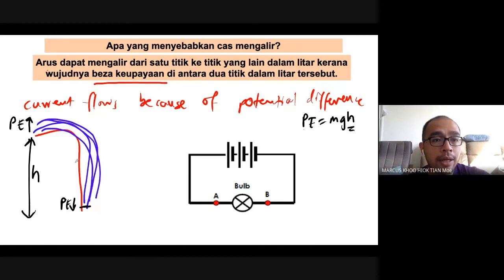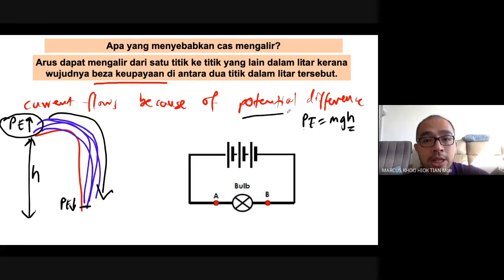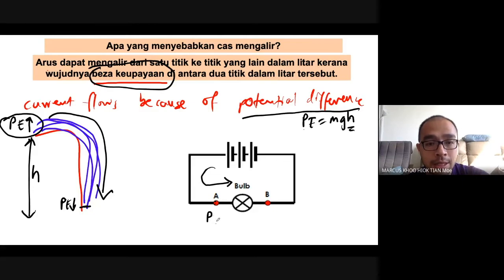That's why in a waterfall, the water must always fall from a place of high potential energy to low potential energy. This is the same idea as current flow. There exists a potential difference between the two points. Since current is flowing this way, we always say that over here the potential is higher, whereas here the potential is lower. There is a potential difference.